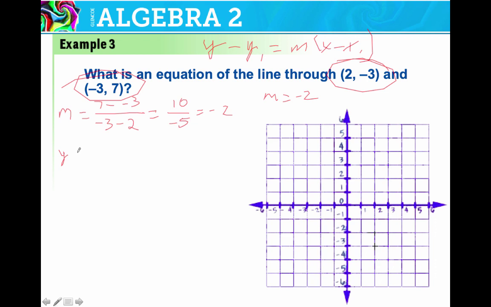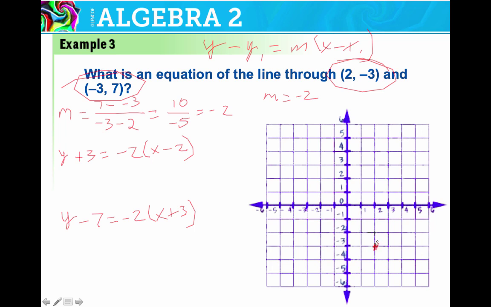You could use y minus negative 3 equals m times x minus 2, or you could use y minus 7 equals m times x minus negative 3, which is plus 3. Both of them will work, because if you watch, if I go 2, negative 3, that's the point.